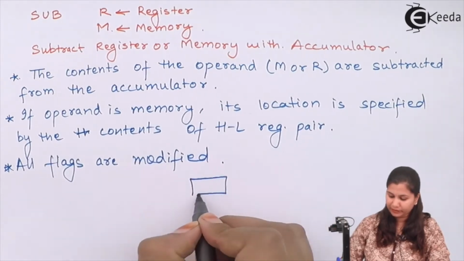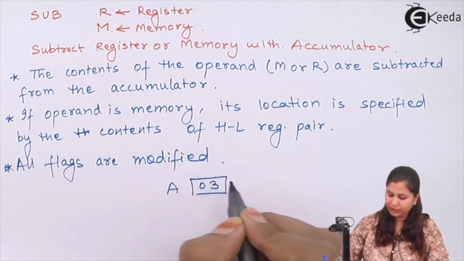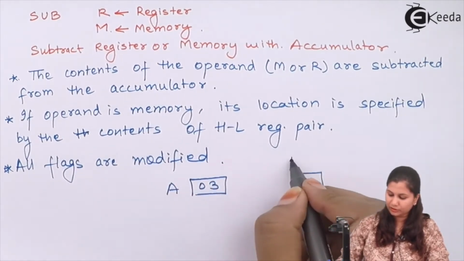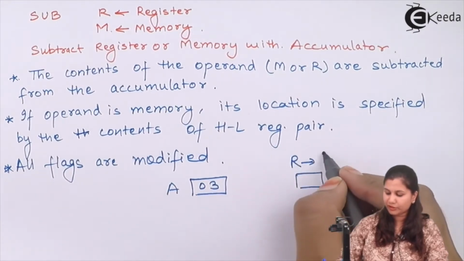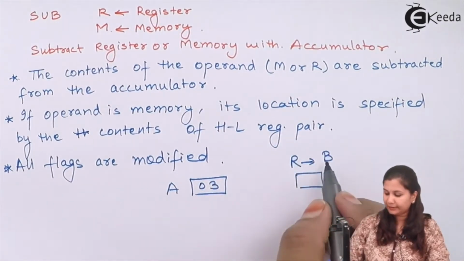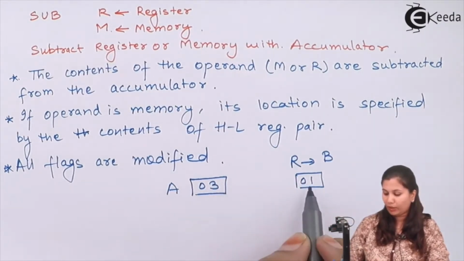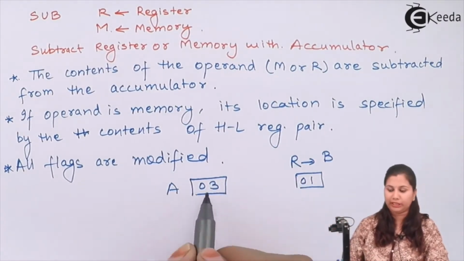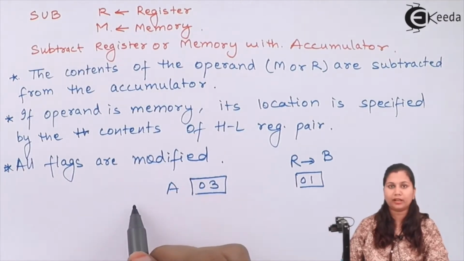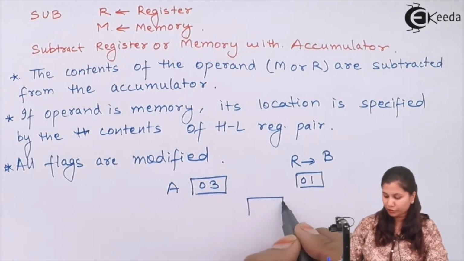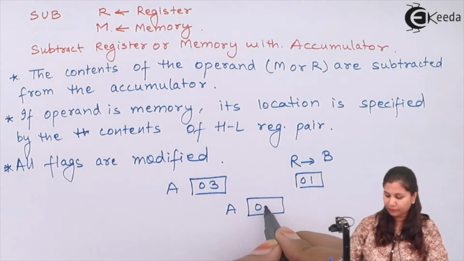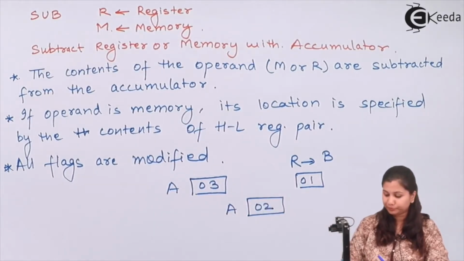Suppose in the accumulator we have the number 3, and in the register, suppose register B, we have the number 01. Then 1 will be subtracted from 3 and the result will be stored in the accumulator itself. So the accumulator will now have the number 02.